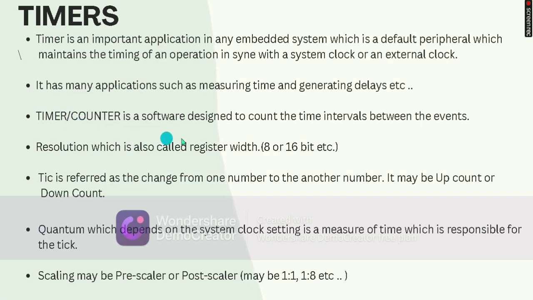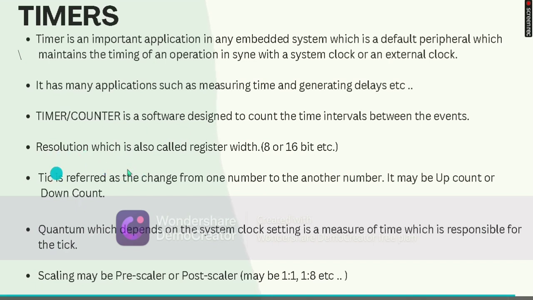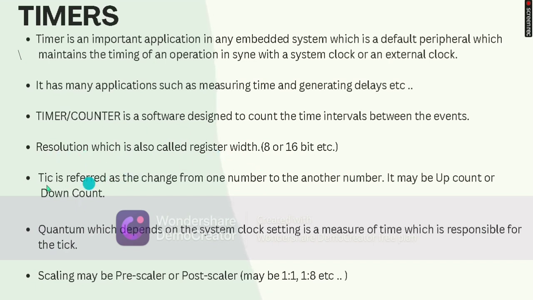A timer or counter is used to count the time interval between events. Resolution is also called register width. In our project, timers are used to check the timing of the food. It checks the cooking time of the food.